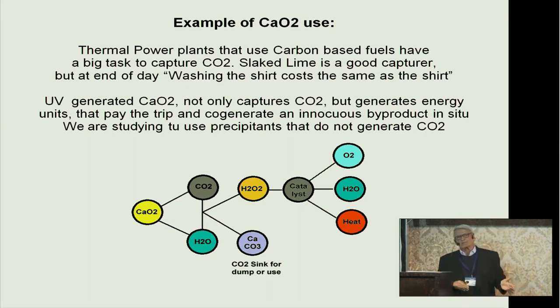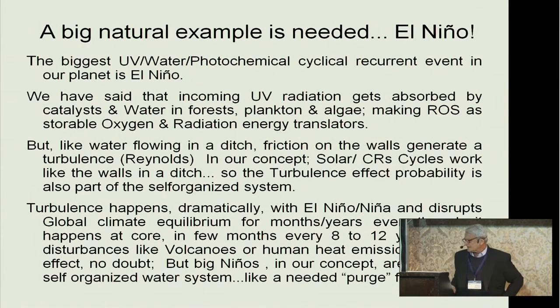So for thermal plants that burn coal or fuels, all types of fuels, it is good because it absorbs the CO2 in a neutral form as calcium carbonate and generates oxygen that pays for the trip from the place of production to the place of use, because the oxygen is used for power generation.